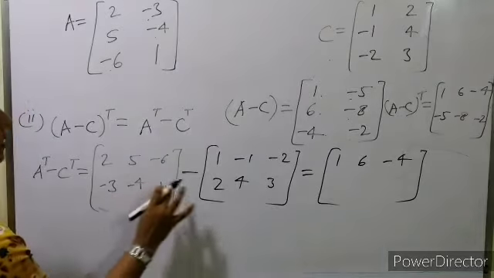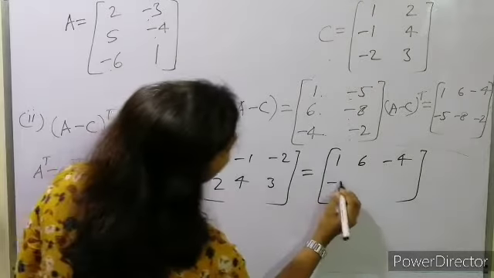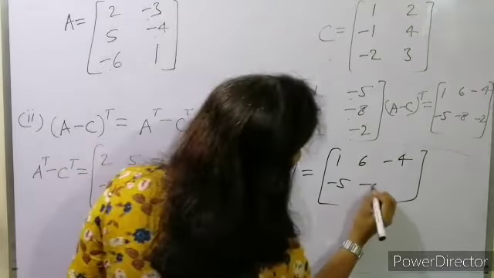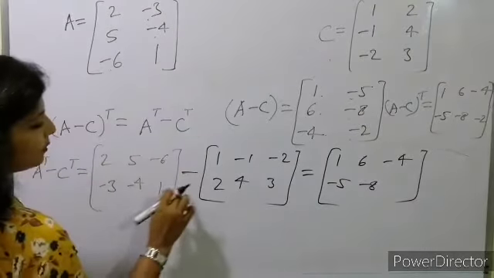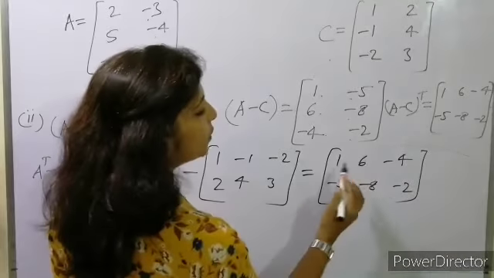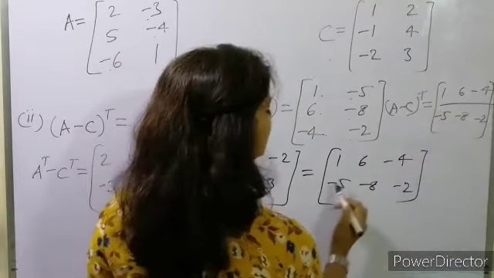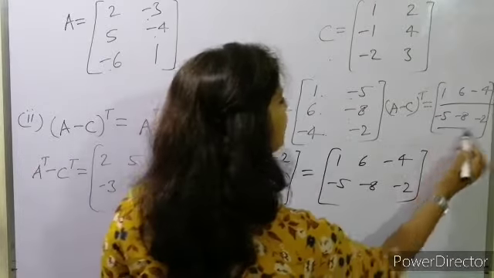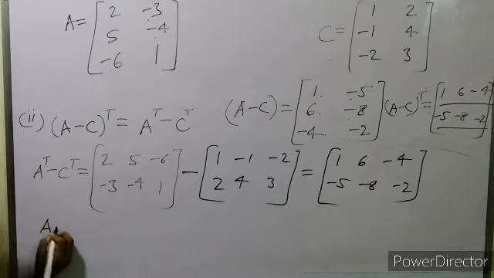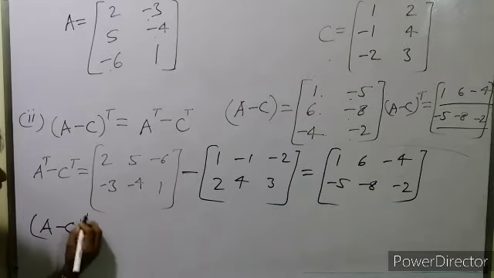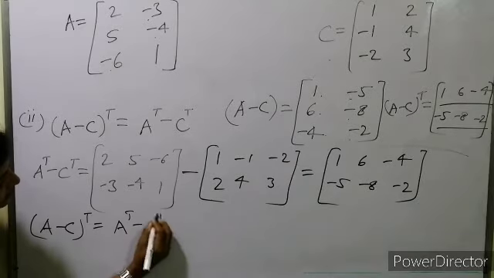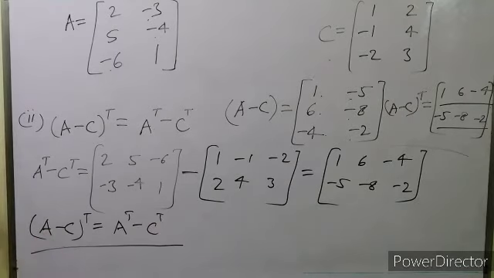Now minus 3 minus 2 is minus 5, minus 4 minus 4 is minus 8, 1 minus 3 is minus 2. Now compare these two: 1 6 minus 4, minus 5 minus 8 minus 2. So we can say that A minus C whole transpose will be equal to A transpose minus C transpose. Hence proved.